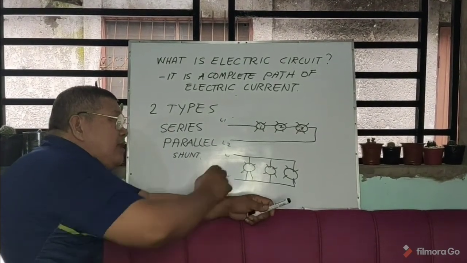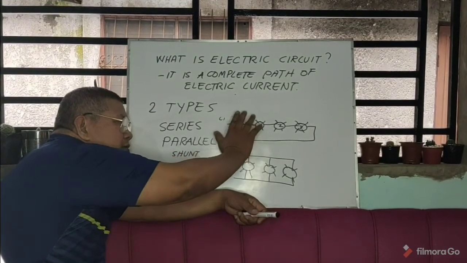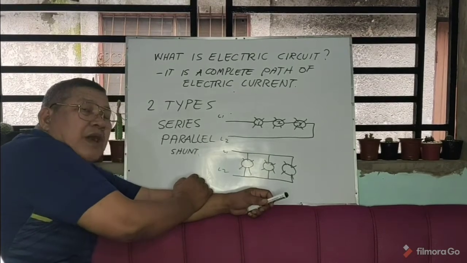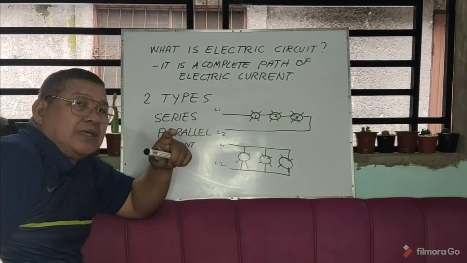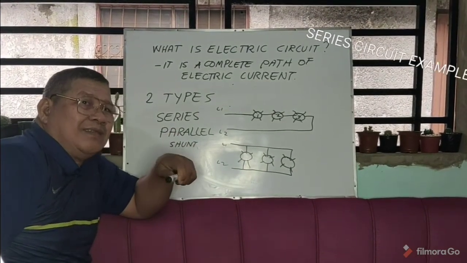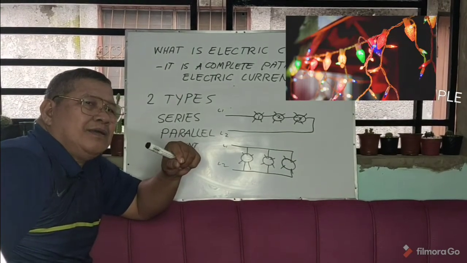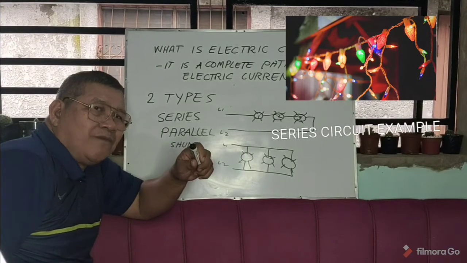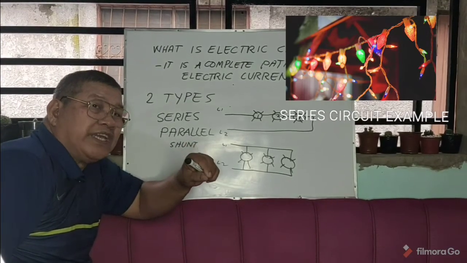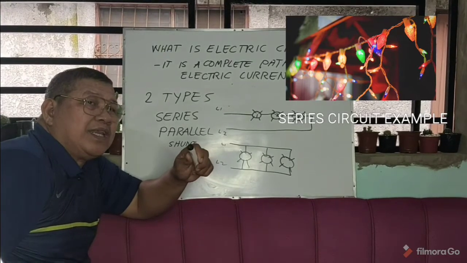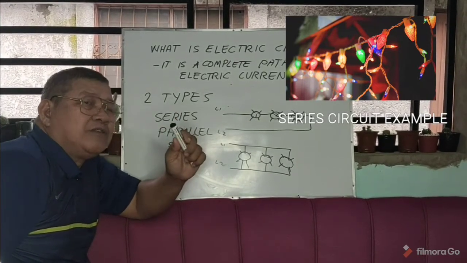So again, if one lamp goes out here, all the lamps will be off, but only one is damaged or defective. Like in your Christmas lights, right? In your series lights, you are surprised that it is off. But if you do not know how to test it, then of course it's very difficult because you don't have the technique, you don't have the theory, you don't have the knowledge.